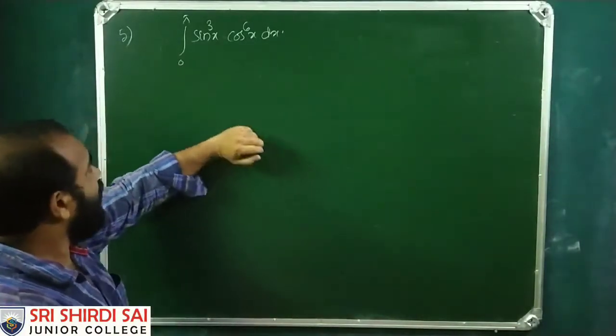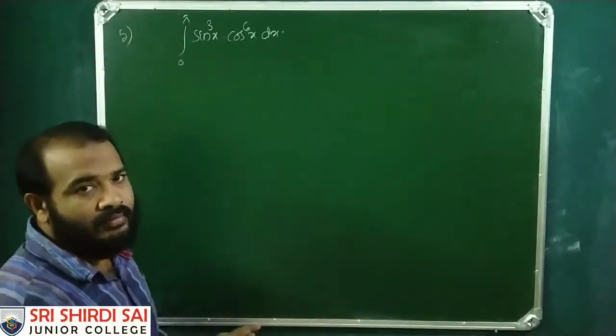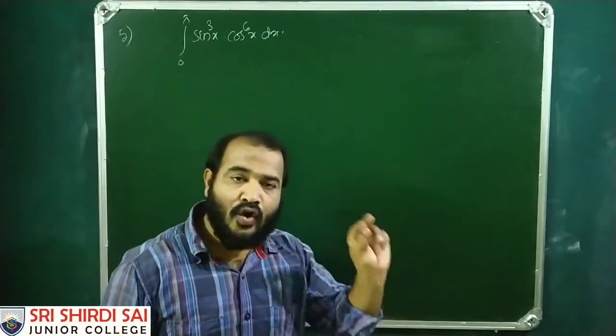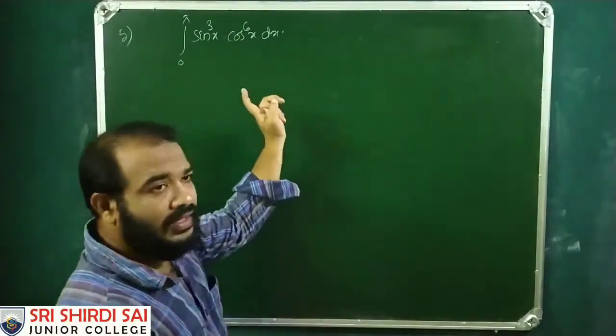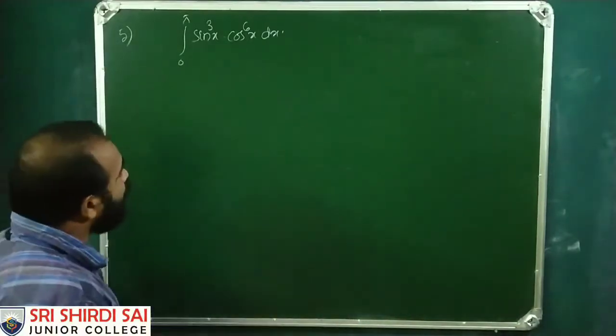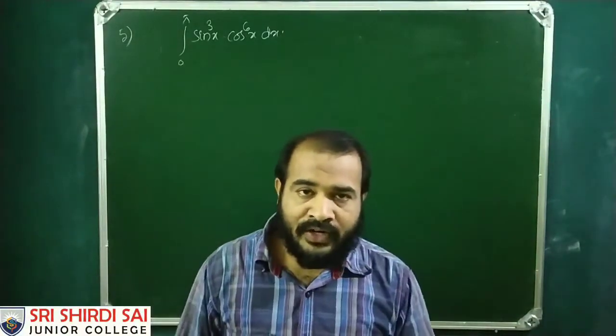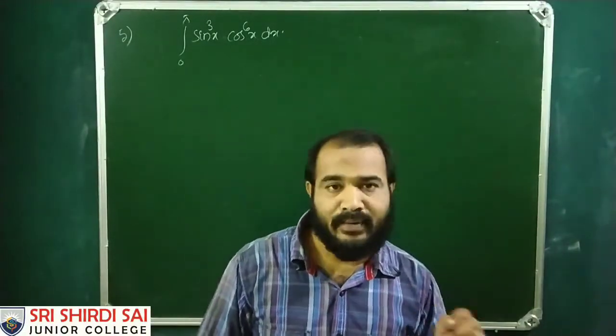If you see, this is not integral 0 to pi by 2. The reduction formula is only applicable for integral 0 to pi by 2 sine power mx into cos power nx dx. Therefore, we need to convert that integral 0 to pi into integral 0 to pi by 2 first.